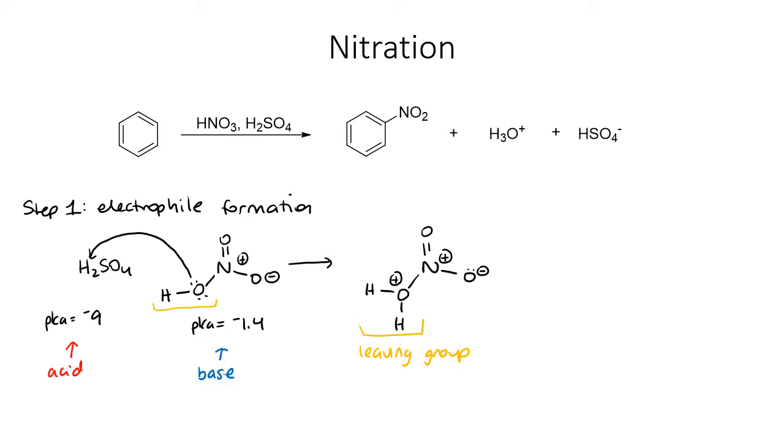So now our negatively charged oxygen is going to donate its electrons to form a double bond between the nitrogen and itself. That's going to kick off the leaving group as water.